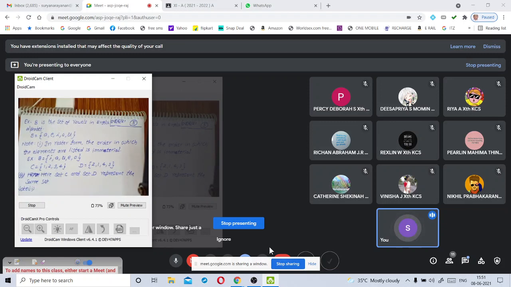Remember this point. When you are representing a set in the roster form, elements of the set can be written in any order. Okay, my dear children?